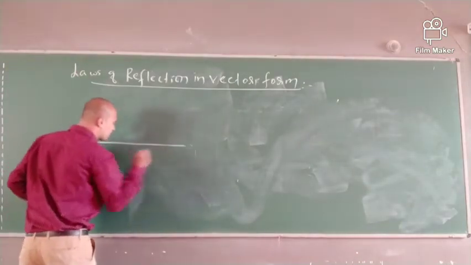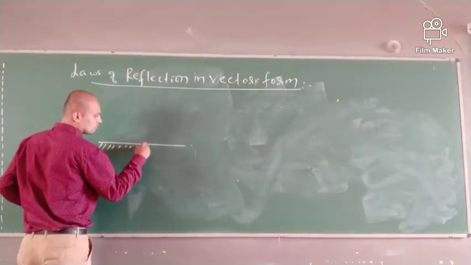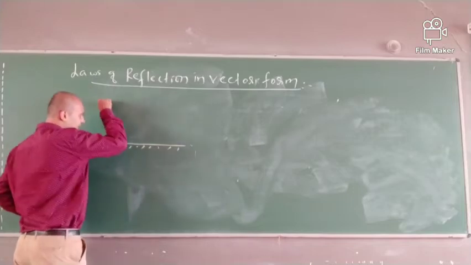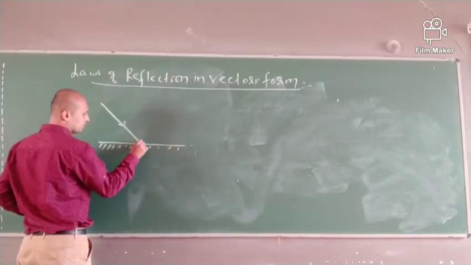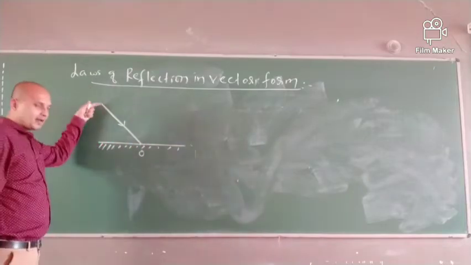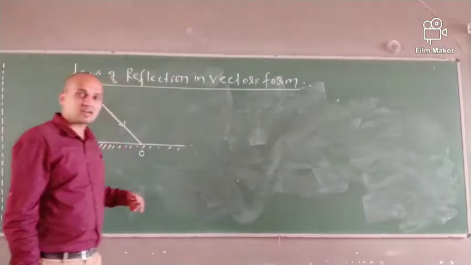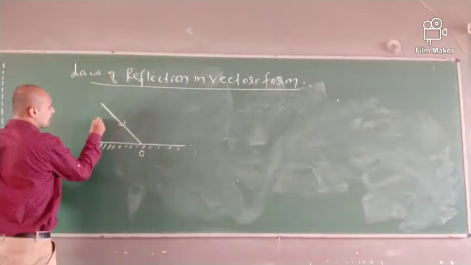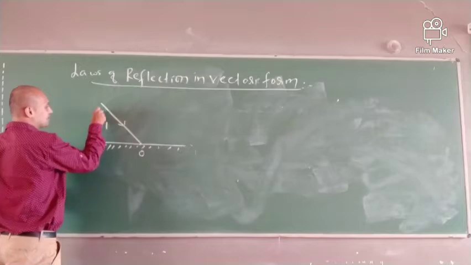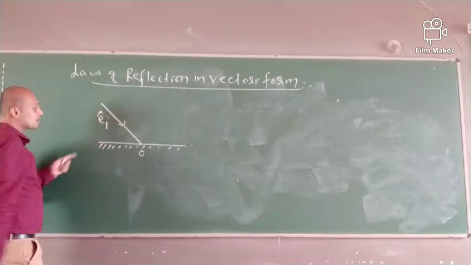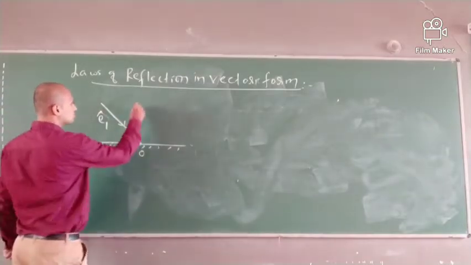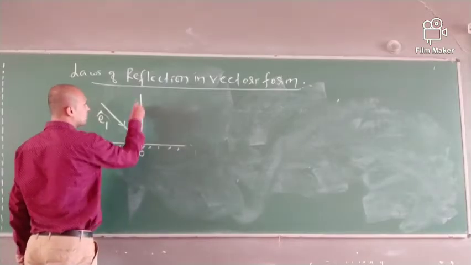So let us take one mirror. Let's say one incident ray is falling at a point O. If I take vectors, I need to consider direction. The incident ray direction, let us take E1 cap. There will be one normal line.